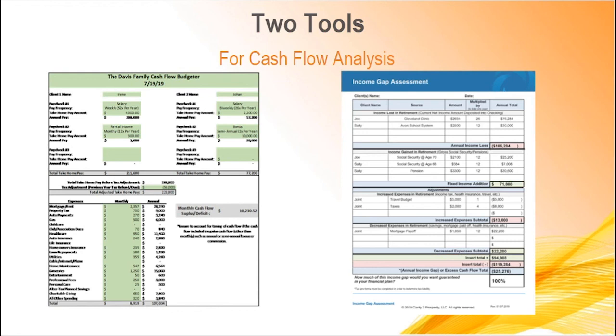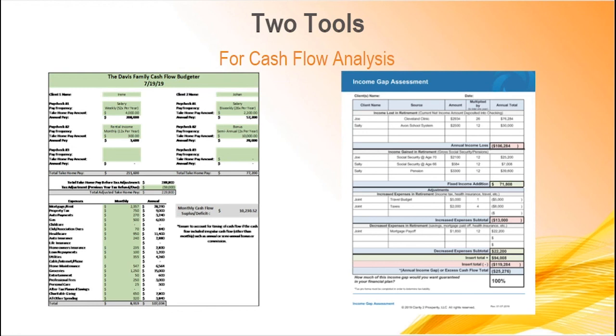Again, the cash flow budgeter, you're probably going to use for your younger clients to figure out savings and accumulation plans. You could potentially use it for pre-retirees or retirees who need, I call it, a budget light version, right? Not a full-blown budget exercise, but just forecasting out some of the basic expenses.